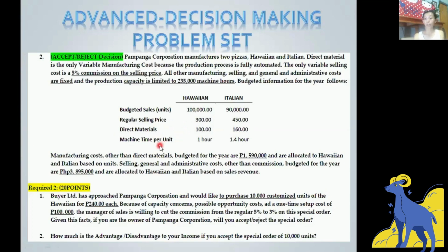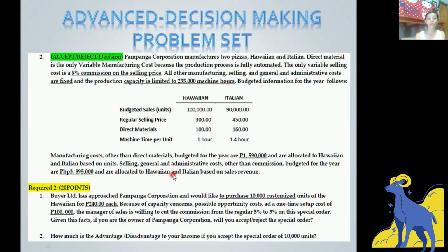Machine hours in making a single unit of pizza, in Hawaiian flavor, it requires 1 hour to make. And then the Italian requires 1.40 hours or 1 hour and 40 minutes to make one unit of Italian pizza. So manufacturing costs.